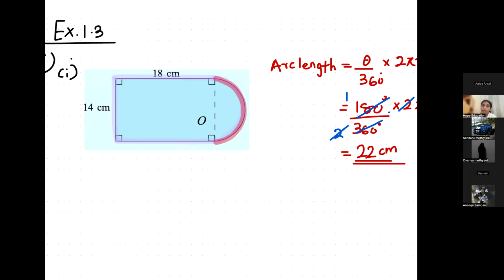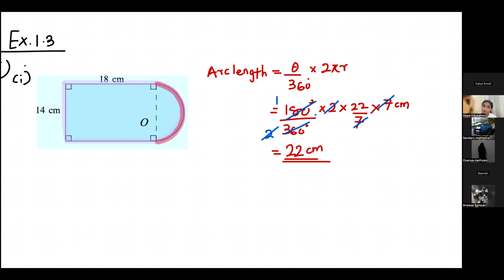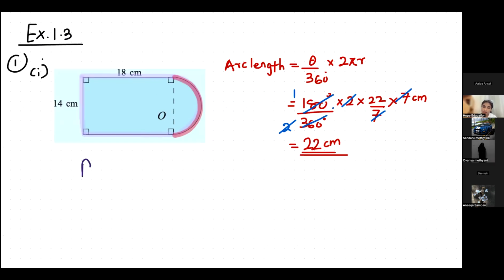Okay. Then අපි perimeter එක හොයමු. Perimeter equals දැන් මෙන්න මෙතන arc length එක ඕනේ. Arc length එක අපි already හොයාගත්තා. That is 22 centimeters. So 22 centimeters plus මේ length එක. This is 18 centimeters. 18 centimeters plus this length they have given as 14 centimeters.